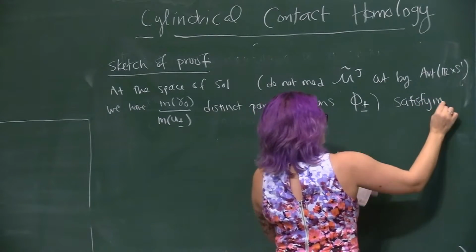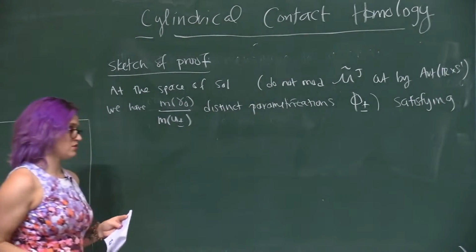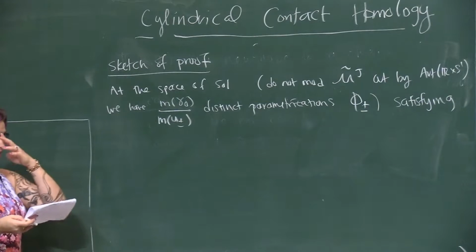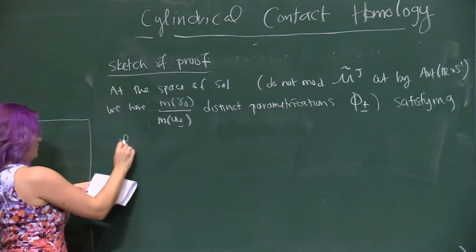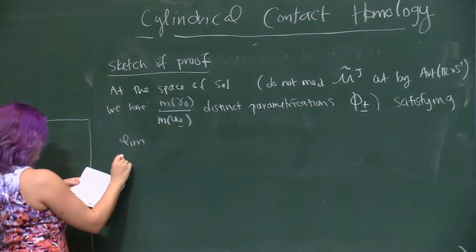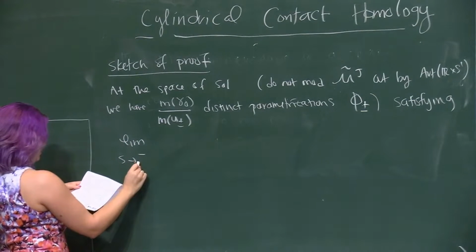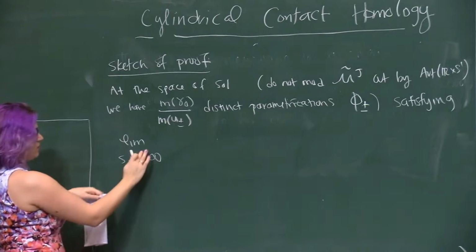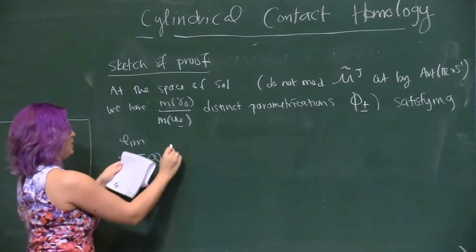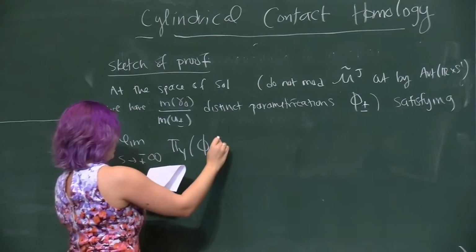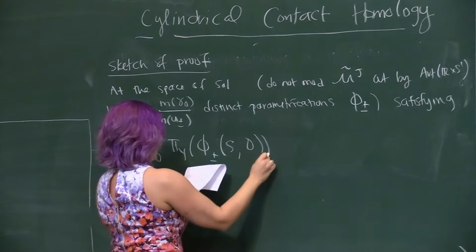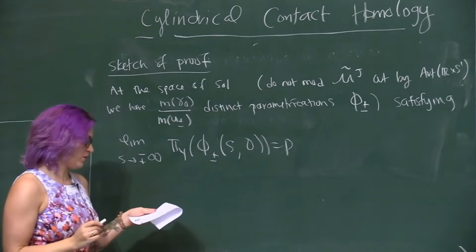And because we're working with parameterizations and we want to keep track of them, we're going to specify an initial point condition. So we have the limit as s goes to minus plus infinity, with the minus and plus reversed, of the projection to y of your parameterization at s0 equal to some initial point p.